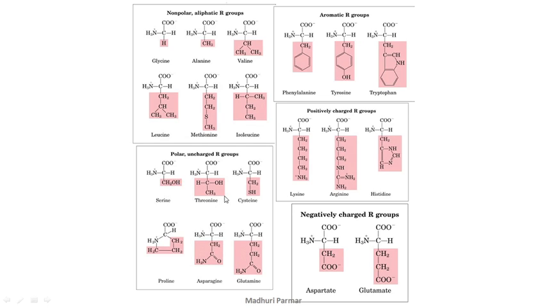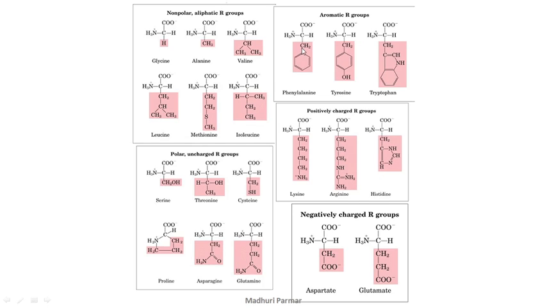So serine, threonine, they are polar amino acids. Then cysteine has that SH group. Sulfur does the same as oxygen, so the SH group is also polar. Proline is also polar. Then you have asparagine, which is CONH, and glutamine, which again has that CONH. All of these amino acids are polar, but they are not charged.